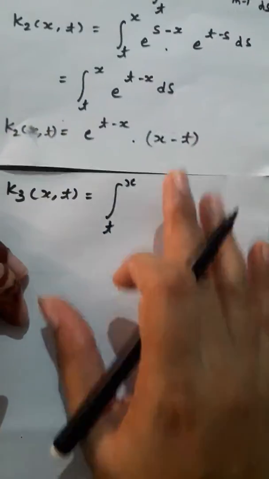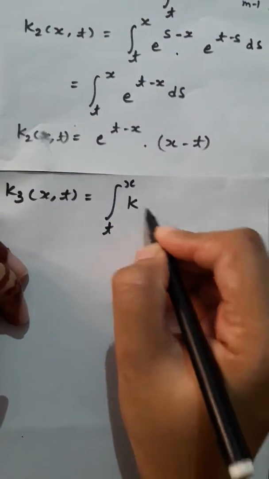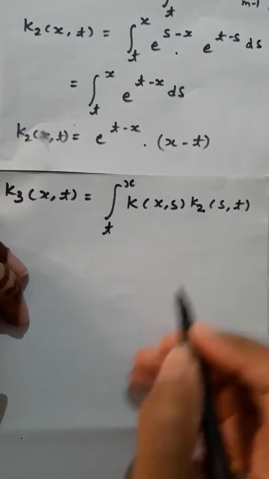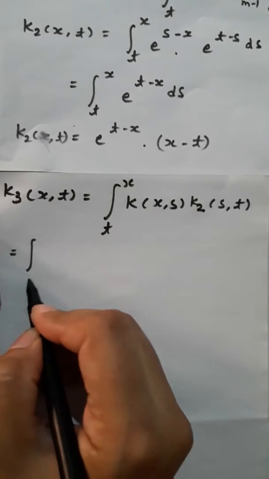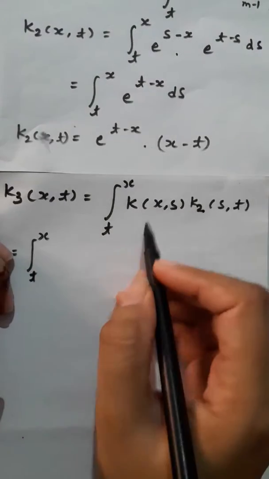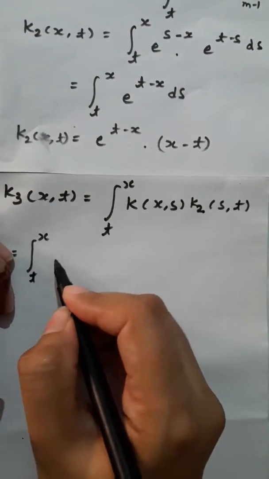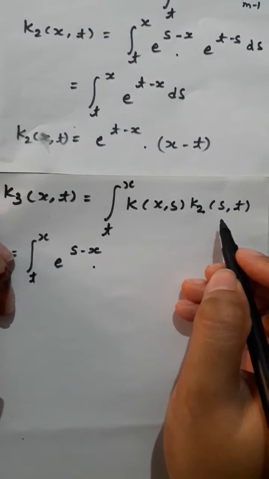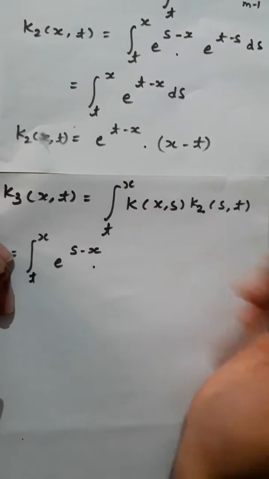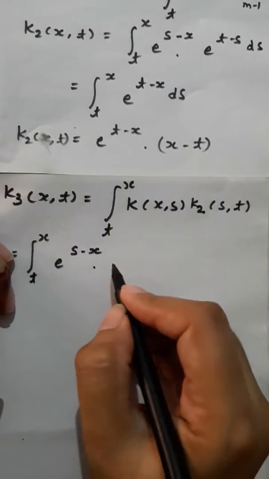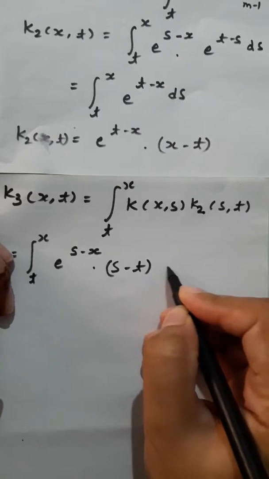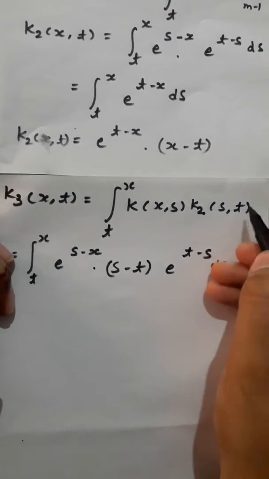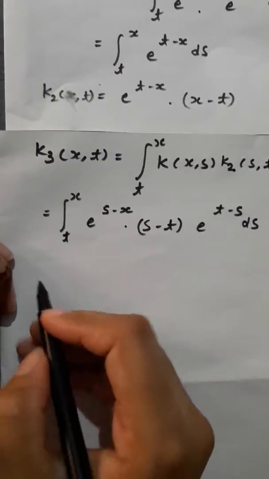So this will be the integral t to x, k of x comma s will be e to the power s minus x into K2 of s comma t. In the place of x, here you put s. So you will get s minus t e to the power t minus s ds. Here also ds.